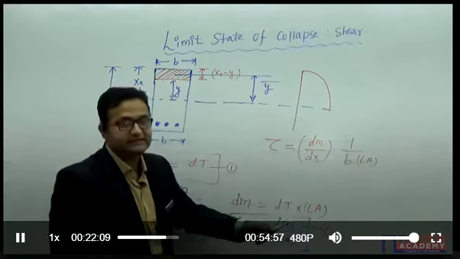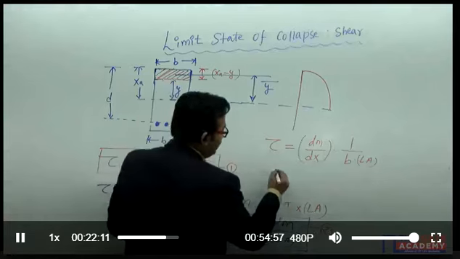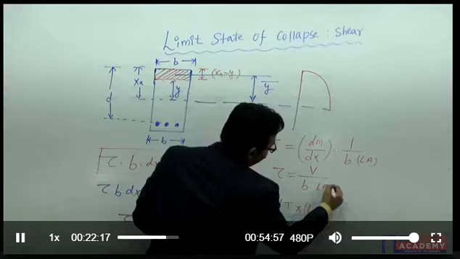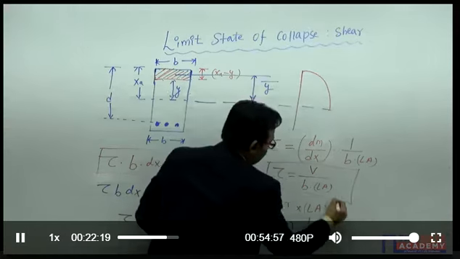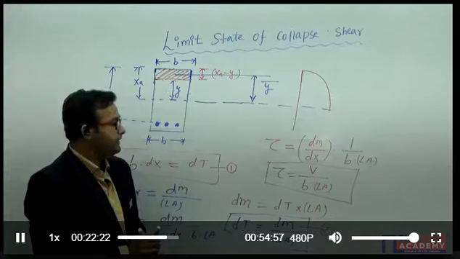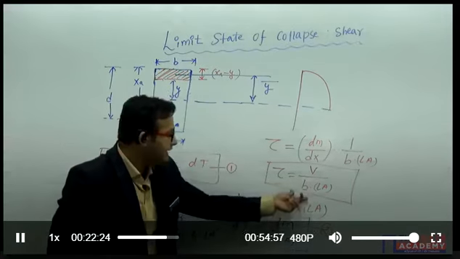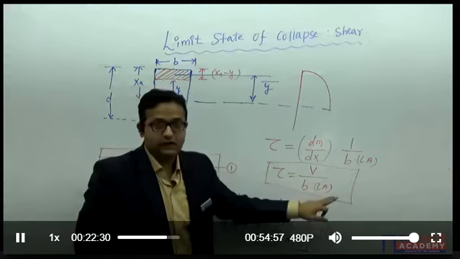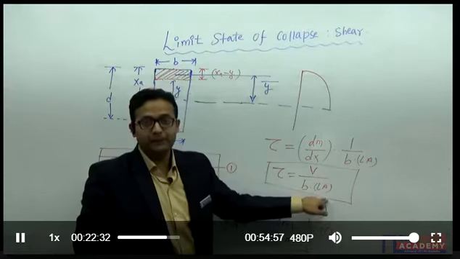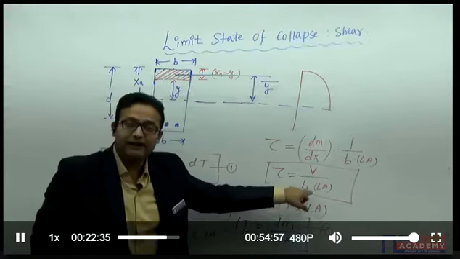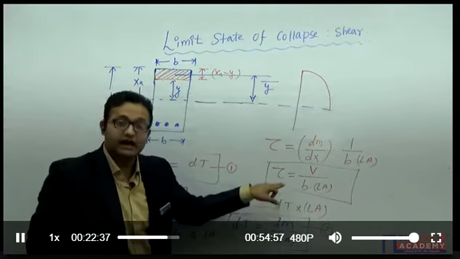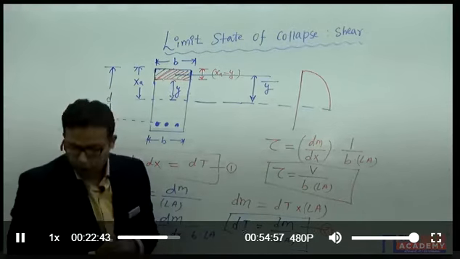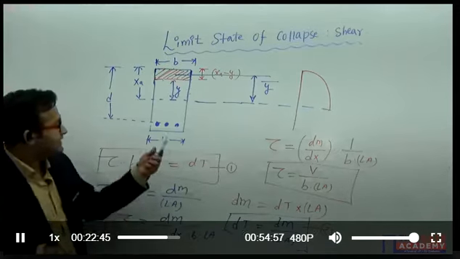I know dM by dx is the shear force. So your tau will become equal to V divided by b into lever arm. In b into lever arm, I am not getting any value of depth, any value of y. It means it is independent of y. The shear stress remains constant below the neutral axis. So here I can draw the shear stress distribution.